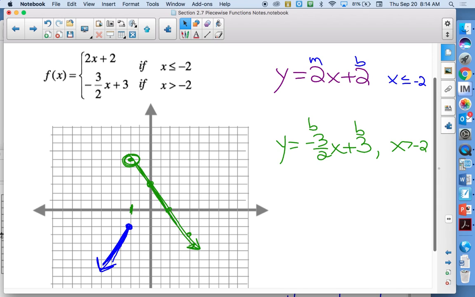So the first one is a piecewise function worksheet, the second one is the domain and the range worksheet.